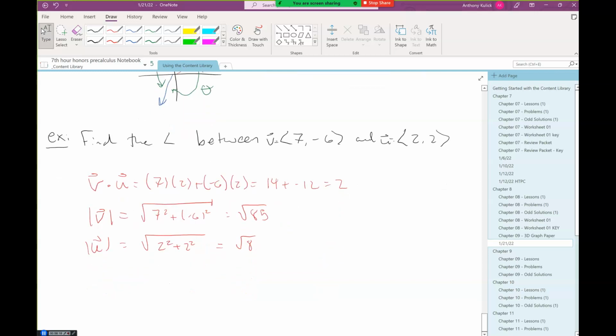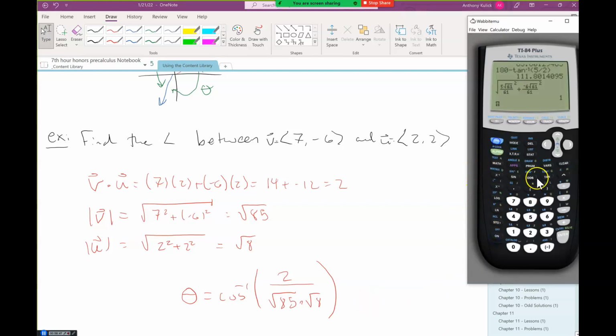Now in this problem, I'm not going to bother to reduce these radicals, even though I might be able to, because all I'm doing is plugging them into a formula, the cosine inverse formula, so it doesn't even matter whether the radicals are reduced or not. I'm just going to save myself the hassle. So on the top, I have v dot u, and on the bottom I have magnitude v times magnitude u.